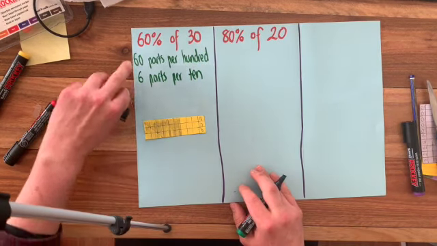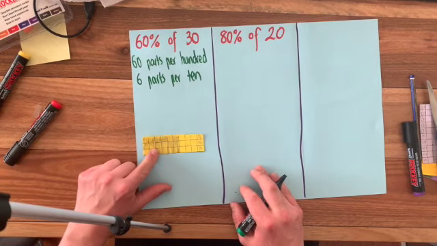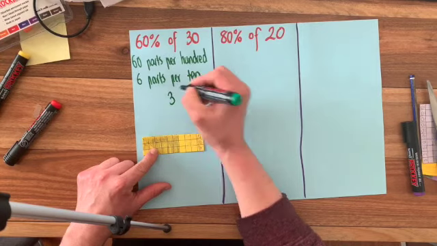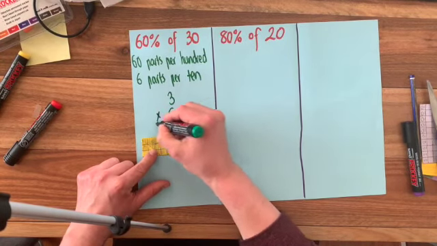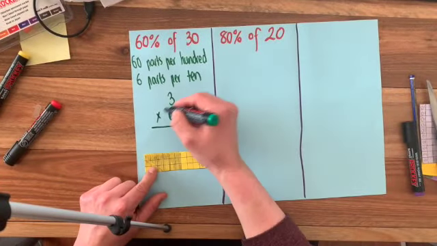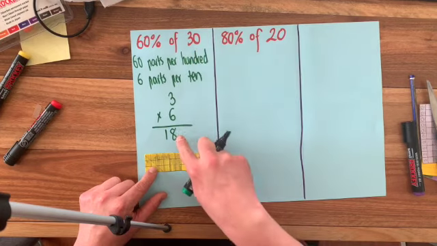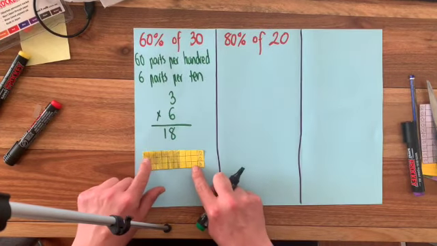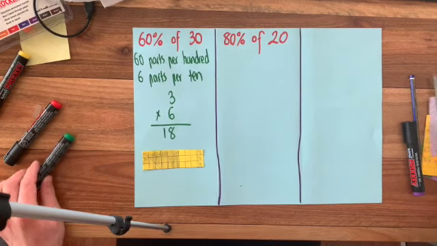Our proportional thinking, remember, it's a multiple of 10. So 6 parts per 10, we've got 3 10s, and each 10 is shaded in 6. So 60%, 3 times 6 is 18. So 60% of 30 is 18. 6, 12, 18.